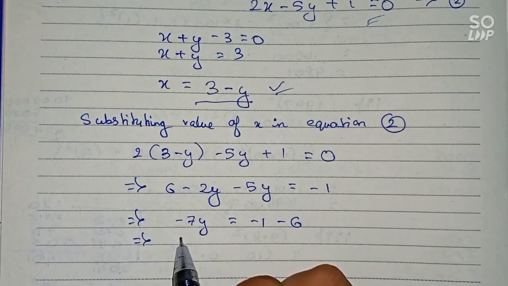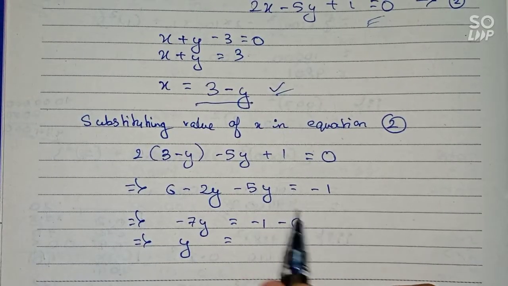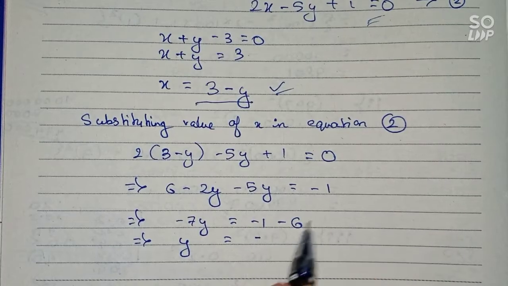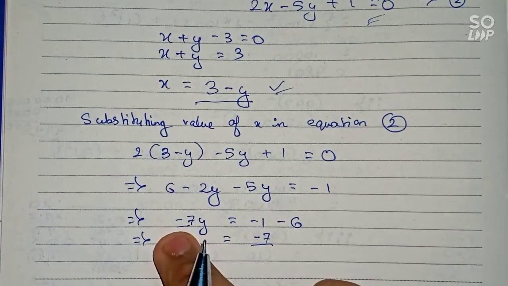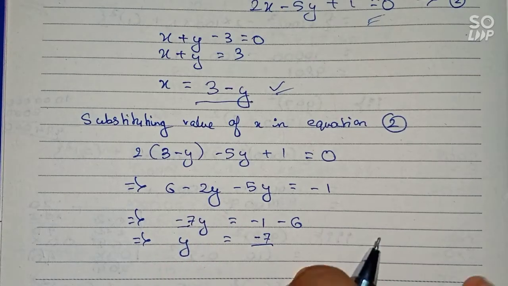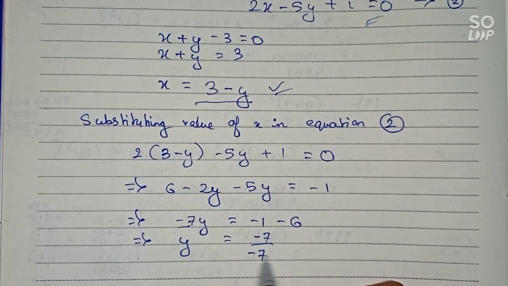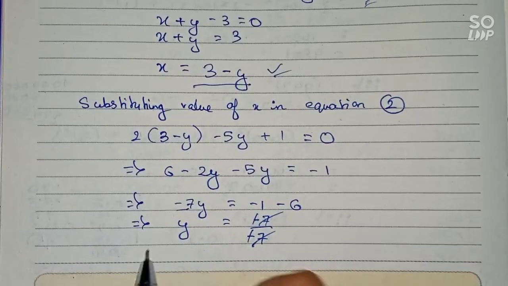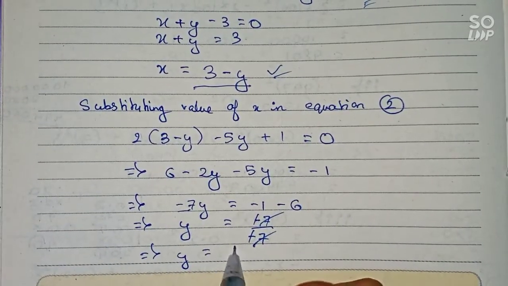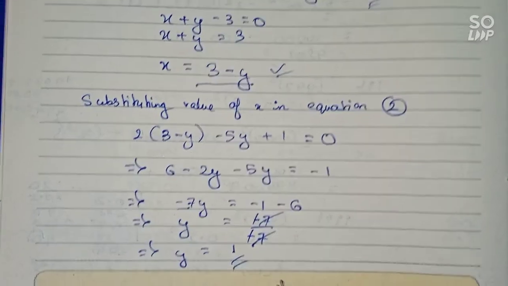So y is equal to minus 7 by minus 7. Since the minus 7 is multiplied with y, it will go for division here. I cut the minus signs and cut the 7. So now y is equal to 1. So you get the value of y now.